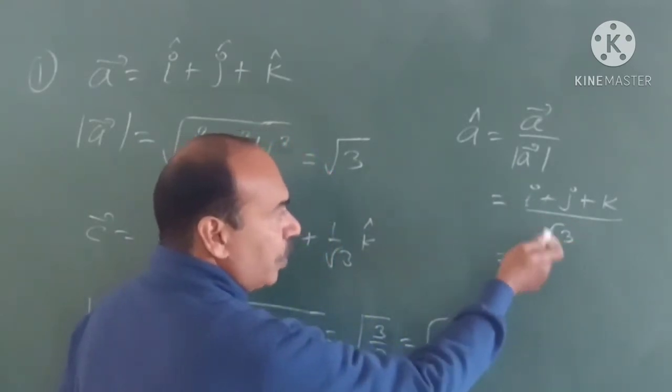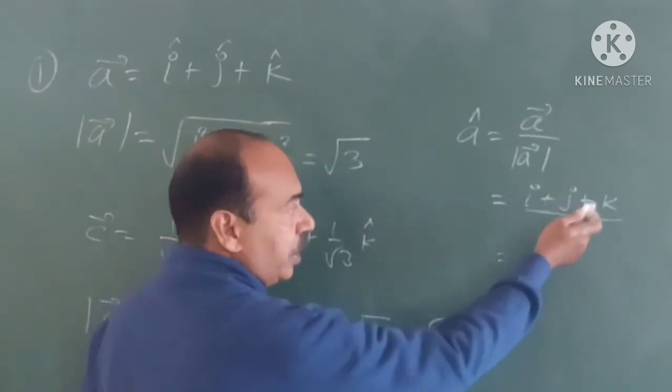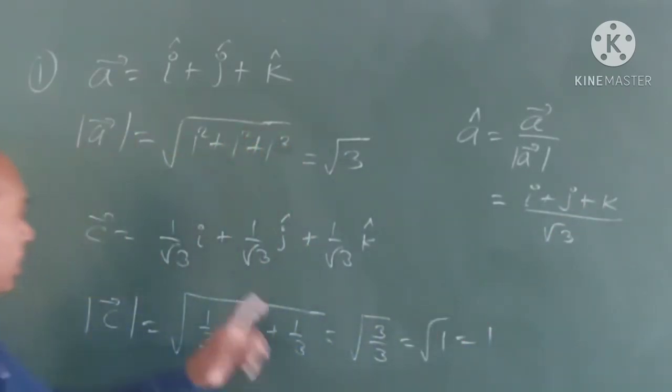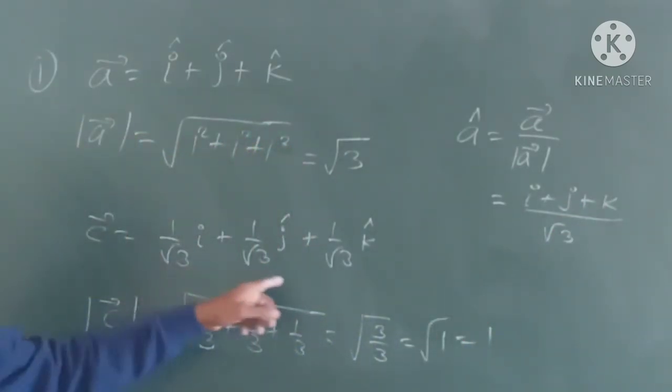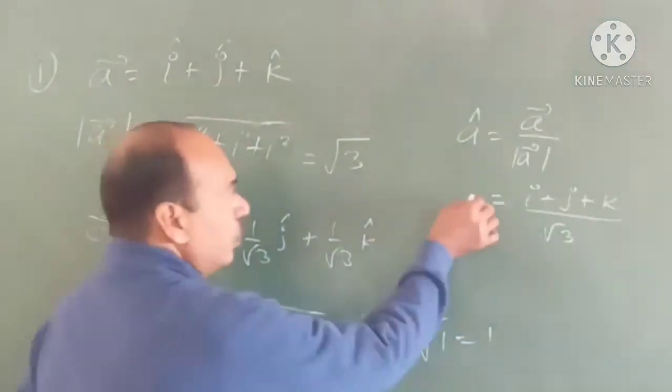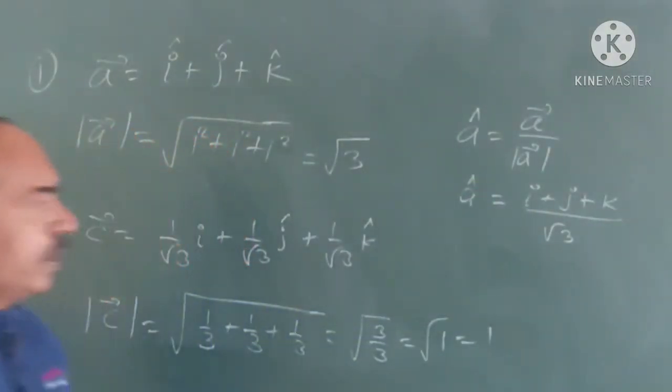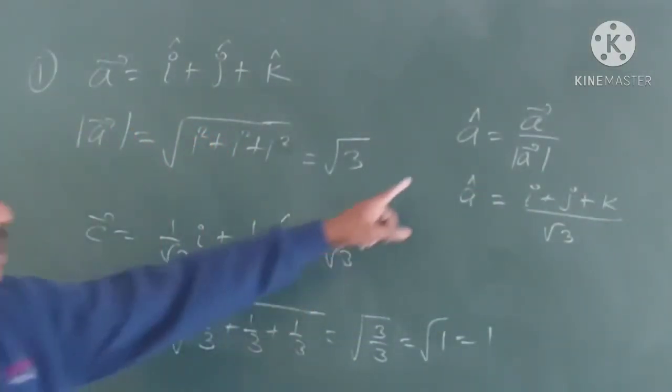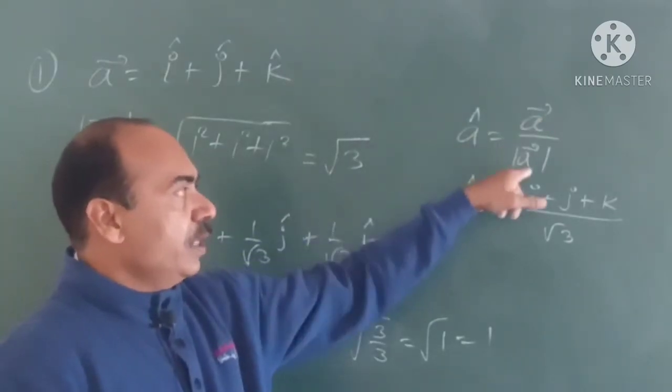Here you will get 1 by root 3 i cap, 1 by root 3 j cap, 1 by root 3 k cap, same as this. So this is known as a unit vector and denoted by A cap. This is the formula: A cap is vector A divided by mod of A.